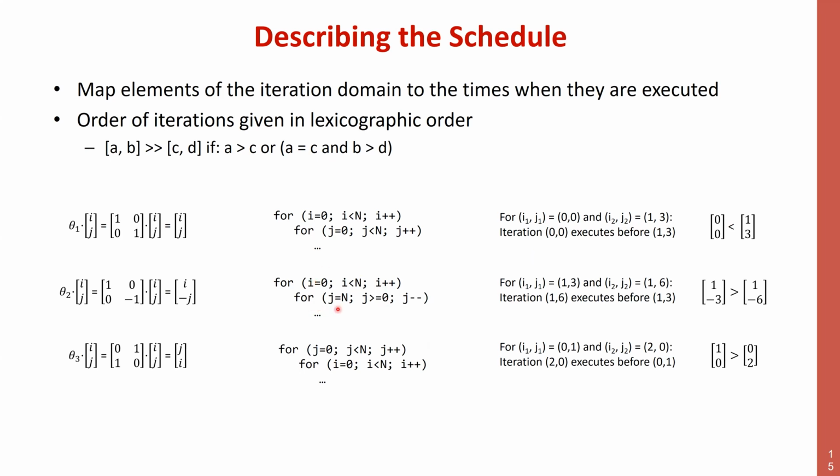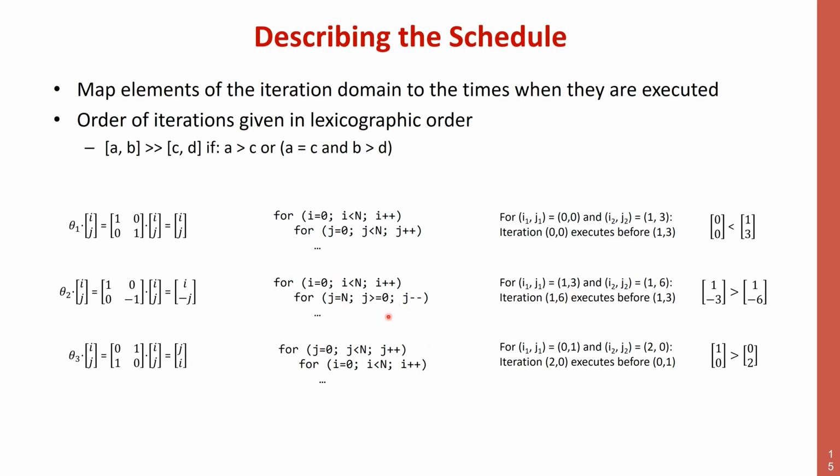For instance, here the internal loop is reversed, and if you take two iterations like 1, 3 and 1, 6, so two pairs of values of ij, you understand before even looking at the math that 1, 6 is before 1, 3. Why? Because j is decremented, so a larger j for the same i comes before a smaller j, right?